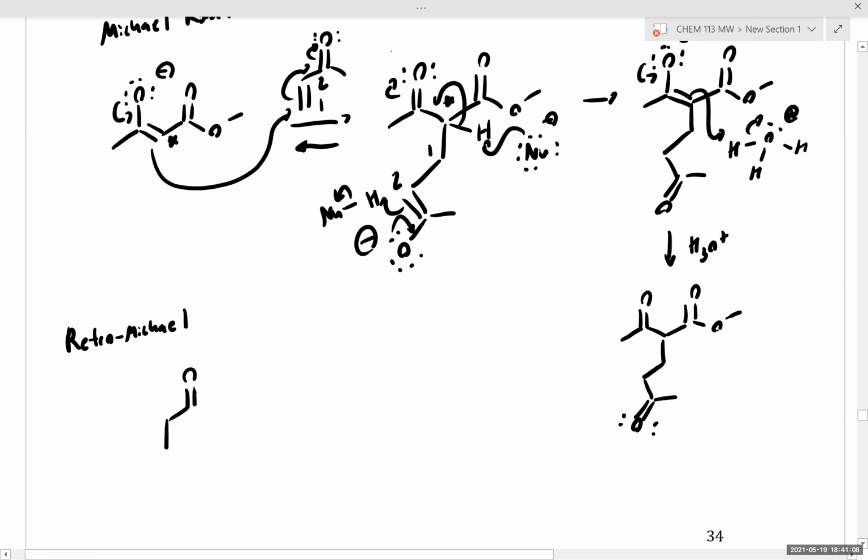So suppose we have a conjugate addition product, and we have our enolate. In a retro-Michael reaction, we kick down and reform our enone double bond, and we regenerate our enolate.